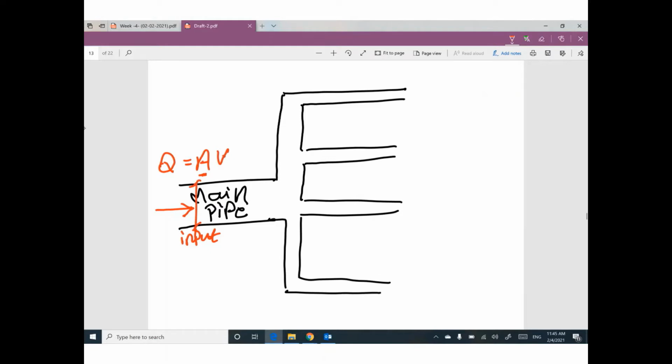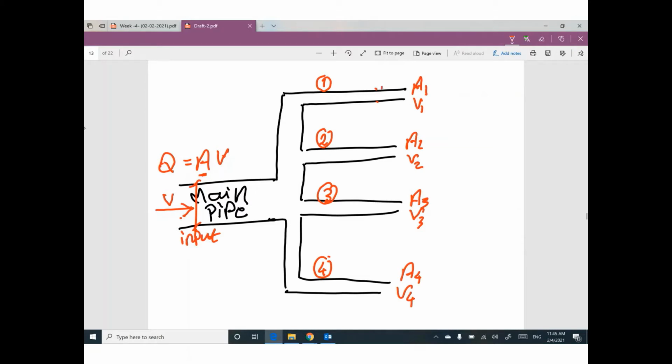V is the velocity in the main pipe. For branches number 1, 2, 3, 4, we have here area 1, V1 in this pipe. We have area 2, V2. We have area 3, V3. We have area 4, V4.